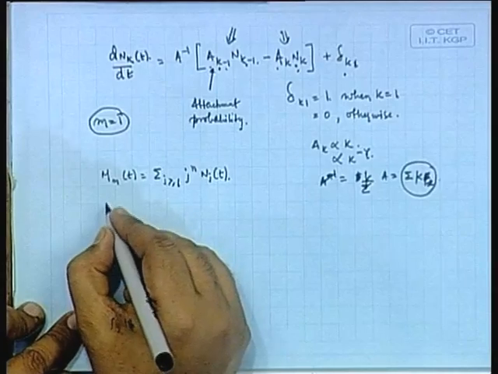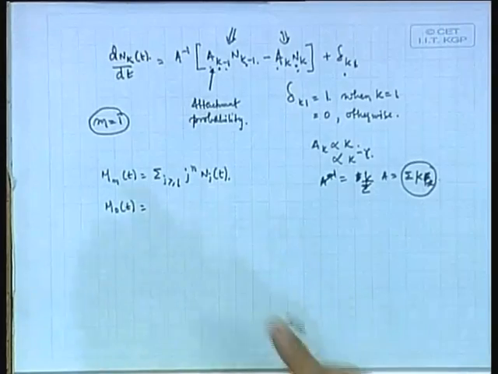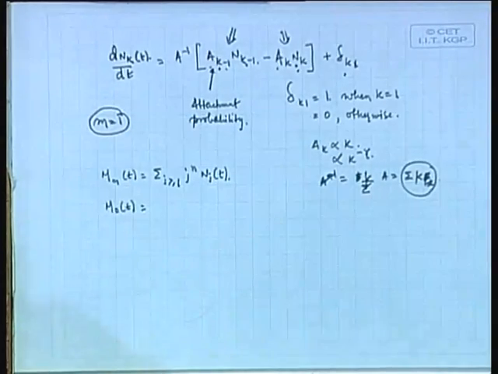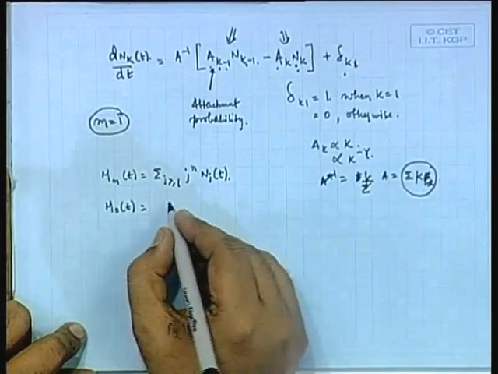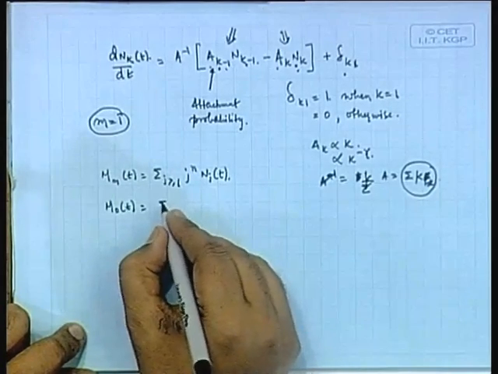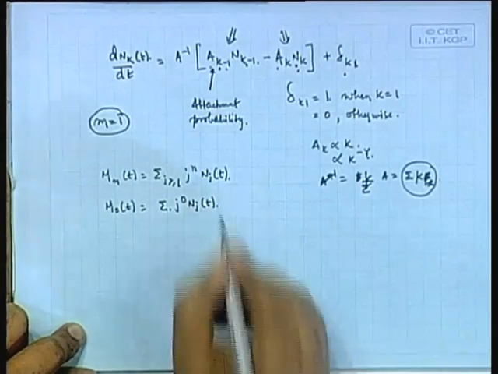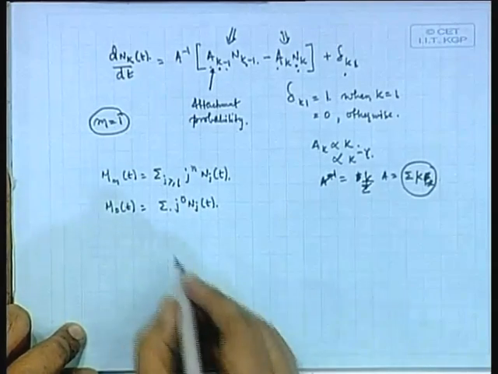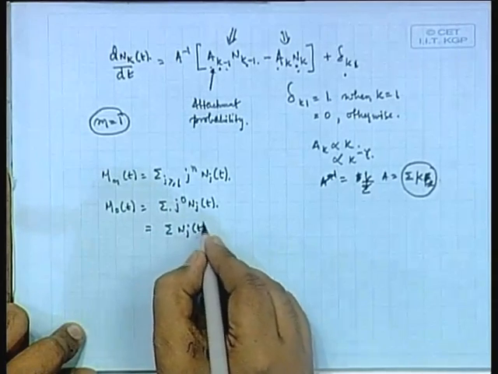So, let us think, can we calculate m0 t from this equation. Okay. What is m0 t? Tell me. It is j to the power 0 n j t. Okay. So, this is basically summation of n j t.